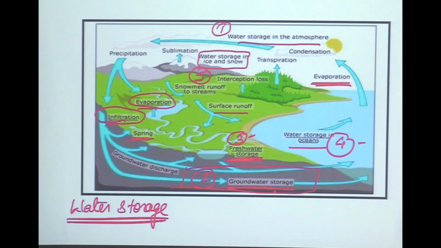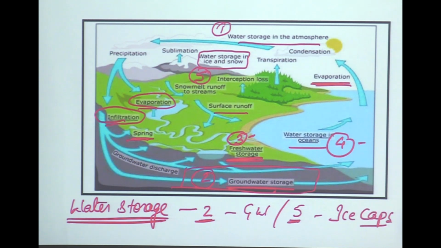Similarly, when I talk about storage number 5, I am insisting in our diagram on storage number 2, which is groundwater, and storage number 5, which is ice caps. What exactly is happening? I have got 5 storage of water. The 3 other storage, namely the oceans, highlighted here, the entire block that is correlated with atmospheric water, whichsoever water we are taking there in terms of condensed particles or in terms of water vapor, and freshwater sources.